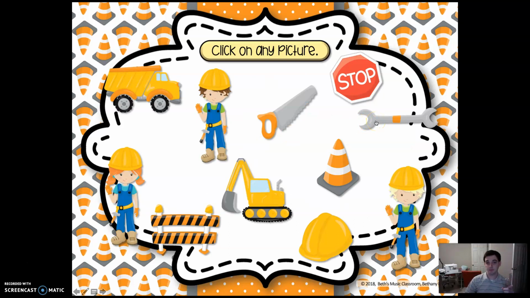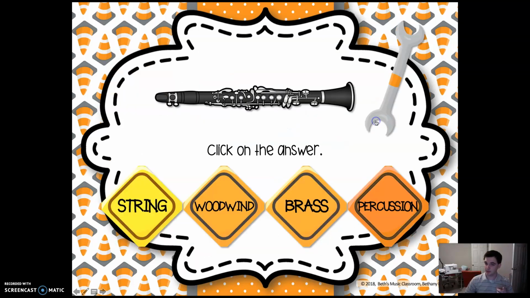Last one. Let's see if you guys can get this. The clarinet. Another instrument that you guys have gone to see me play in class. The clarinet is often made out of wood and uses a reed on the mouthpiece. Remember, fully made out of wood, uses a reed.